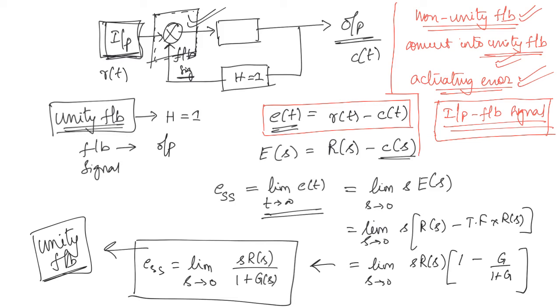So here is the input and the feedback signal is here. Both are being compared at this comparator, the error detector. Whatever function you get as the output of this error detector is what is correcting the output. That is what is responsible for correcting the output. So we call this the actuating error signal.